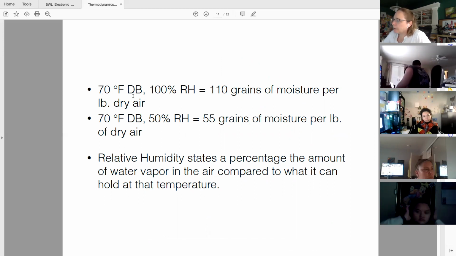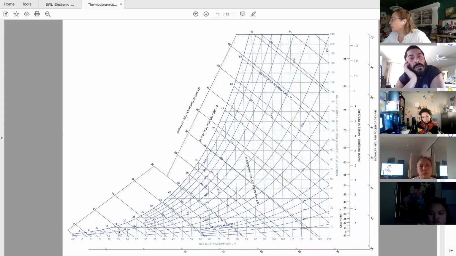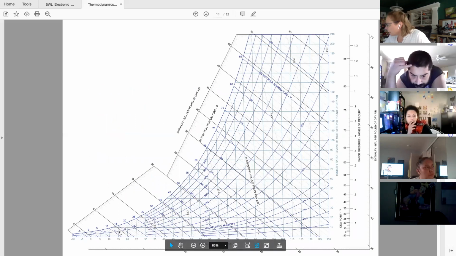70 degrees Fahrenheit, dry bulb temperature at 100% relative humidity is 110 grains of moisture per pound of dry air. So let's go back to the chart. 70 degrees, 100% relative humidity, 110 grains of moisture per pound of dry air.